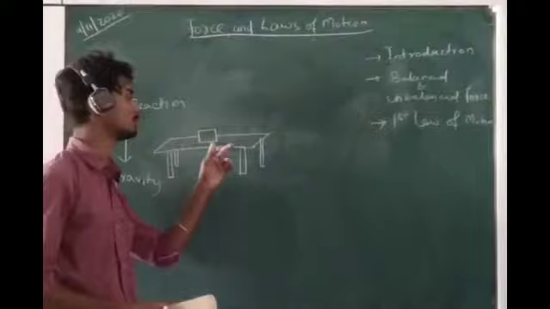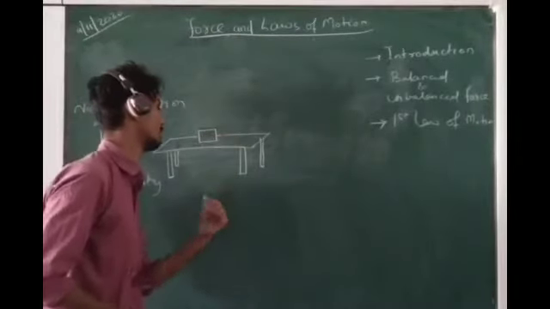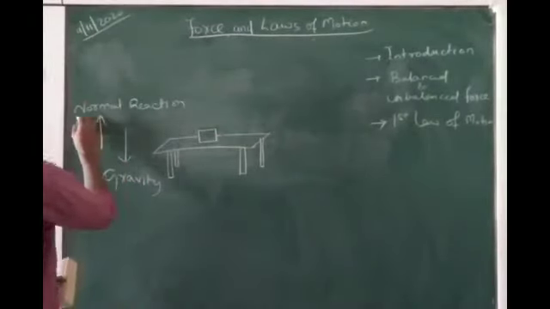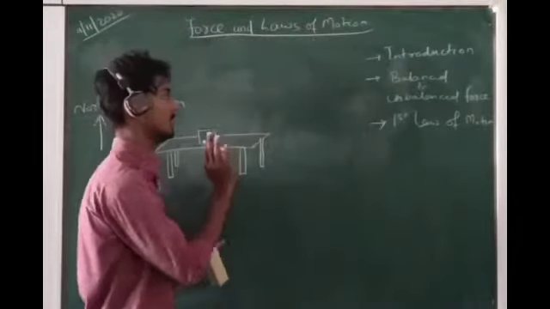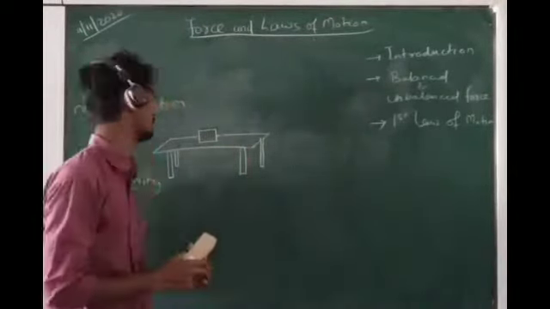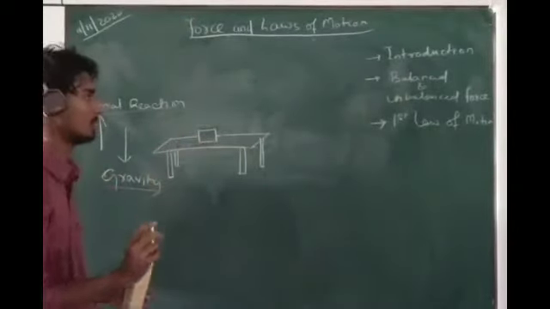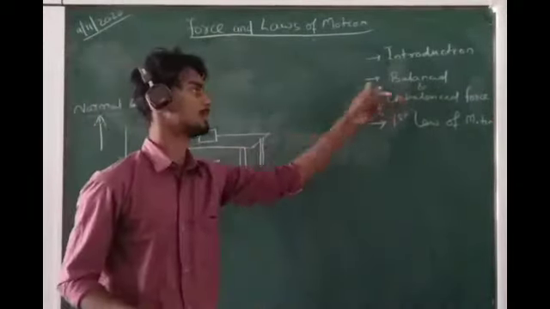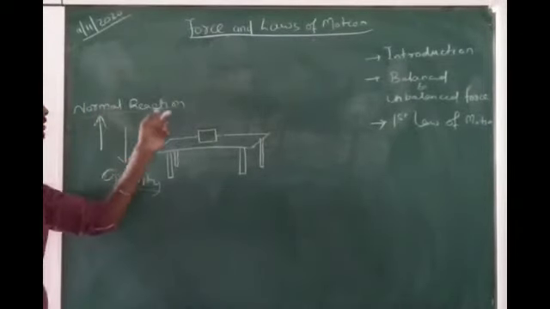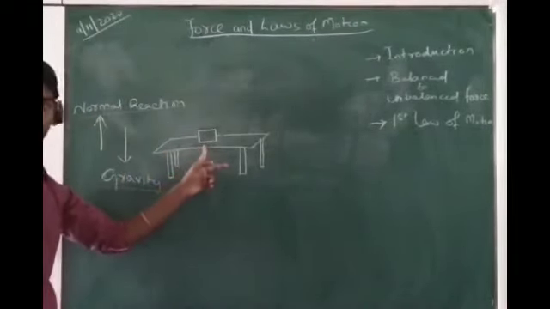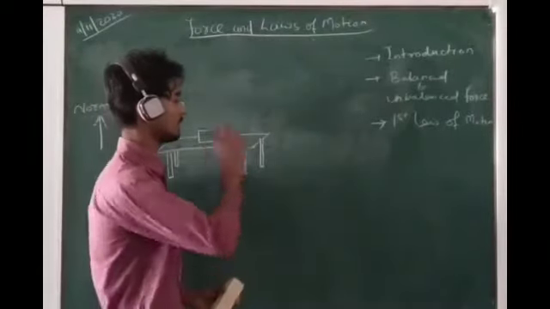Here, as the book is not moving either downward or upward, it just means that the normal reaction and the gravity are equal, or balanced to each other, or the resultant force acting in this case is zero. So in this case it will be a balanced force. The force given by the gravity is balanced by the normal reaction of the book. Right. Now let us take another case.